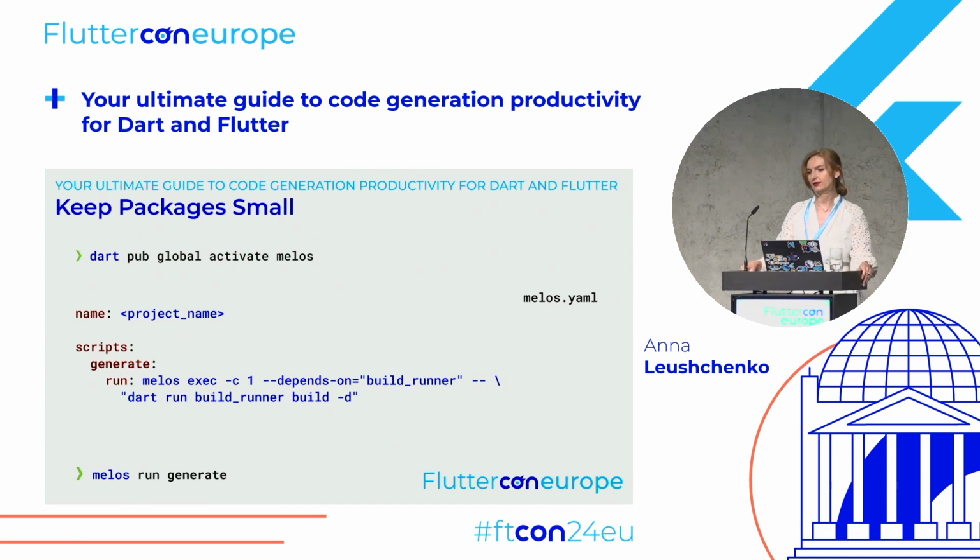So once the tool is installed, you can write custom scripts in the melos YAML file in the workspace root directory. In this example here, I create a script called generate, which launches code generation in all packages that depend on build_runner. And then this script can be executed with melos run generate.